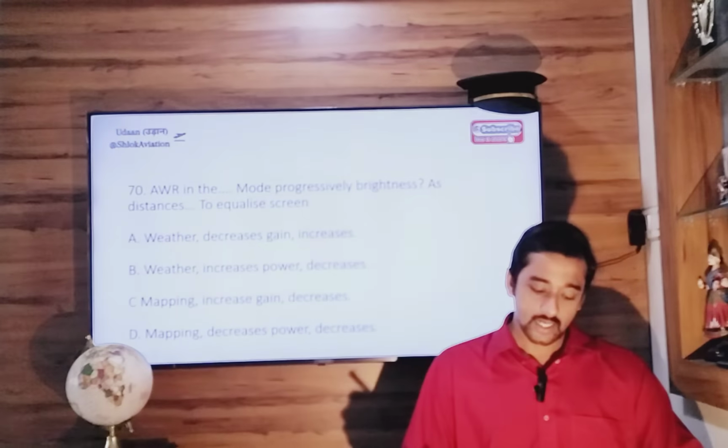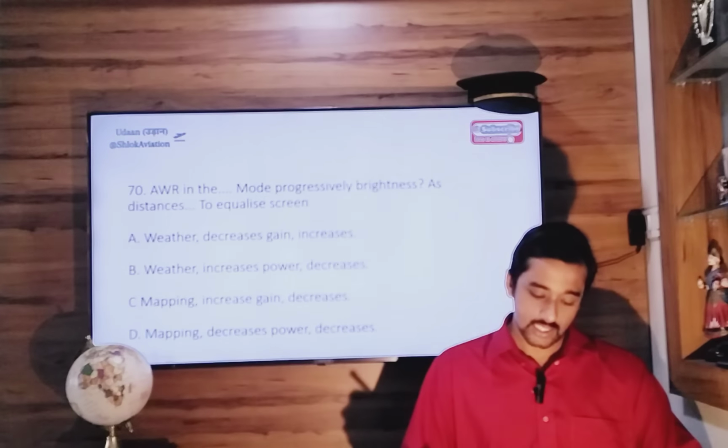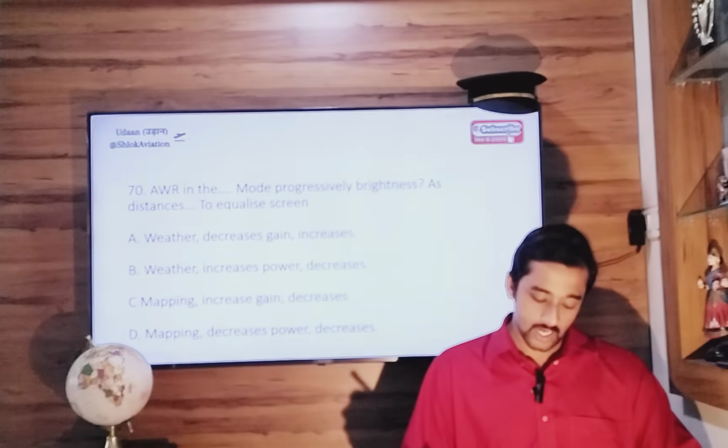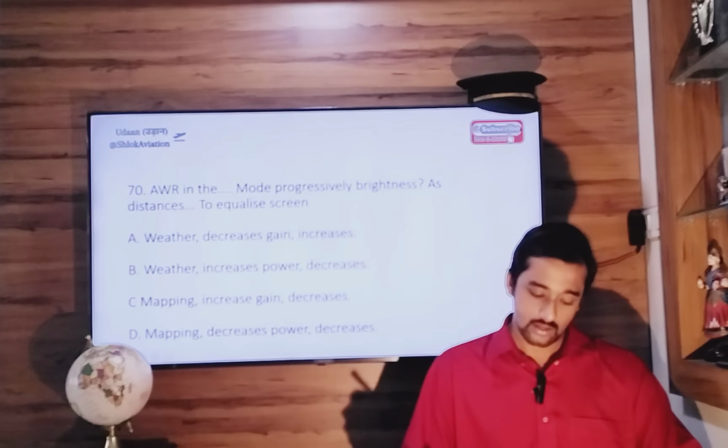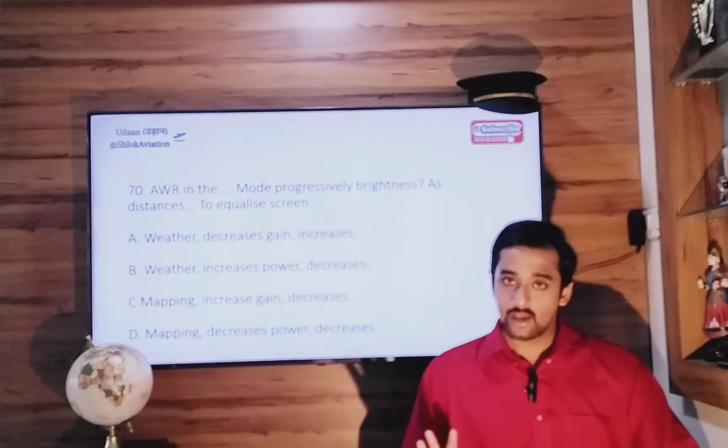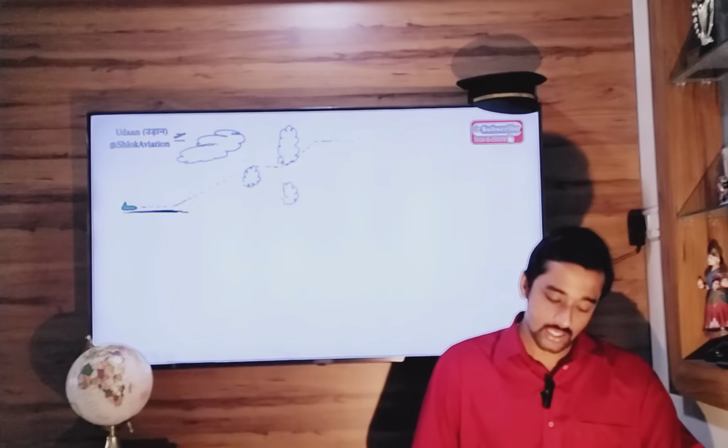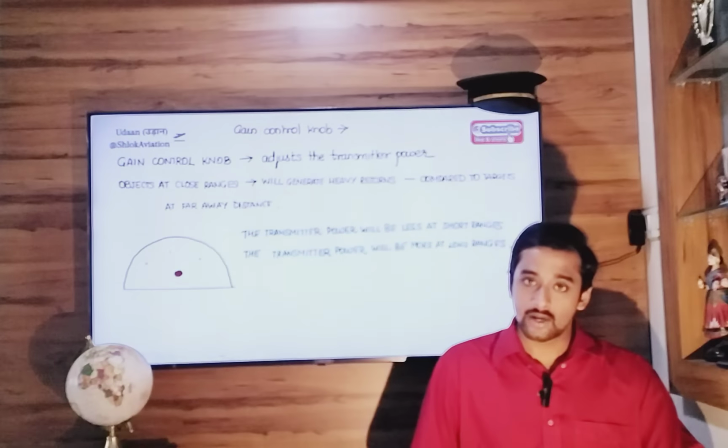Airborne weather radar in weather mode, progressively brightness as distance to equalize the screen. So the meaning of this question is what I have explained just here, the gain control knob.